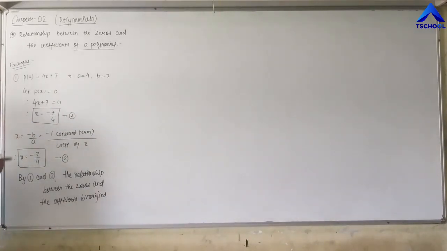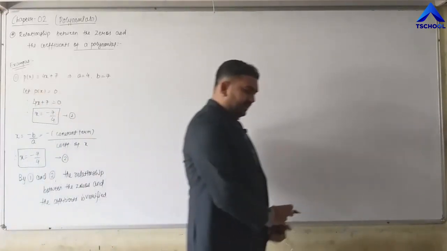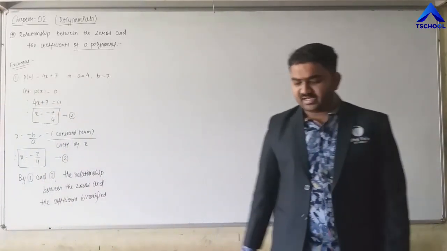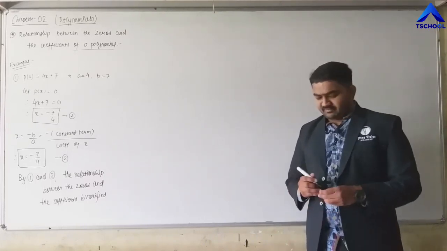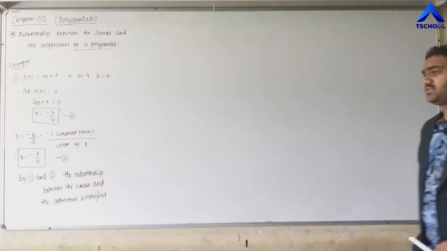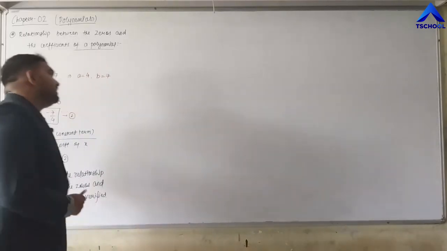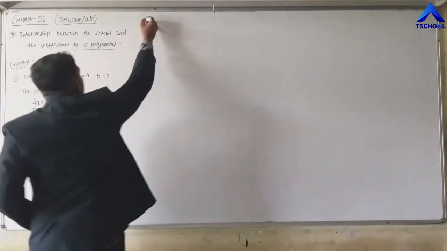Because both the values that we got in 1 and 2 are the same, we can say that the relationship we tried to obtain is verified here. Is it clear, everyone? So again, you can take a look over it by yourself. You can solve some examples related to the linear polynomial. Is it clear? Now let us take another example.